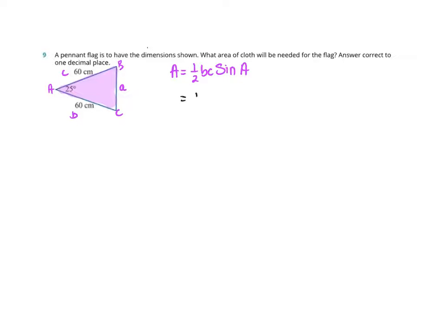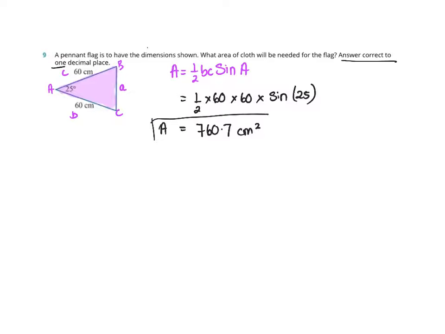So I would substitute in half times 60 times 60 times sine 25, and do that on the calculator. It said to correct to one decimal place, so I've got 760.7, and I can say centimeters squared because it is area. And there's that one.